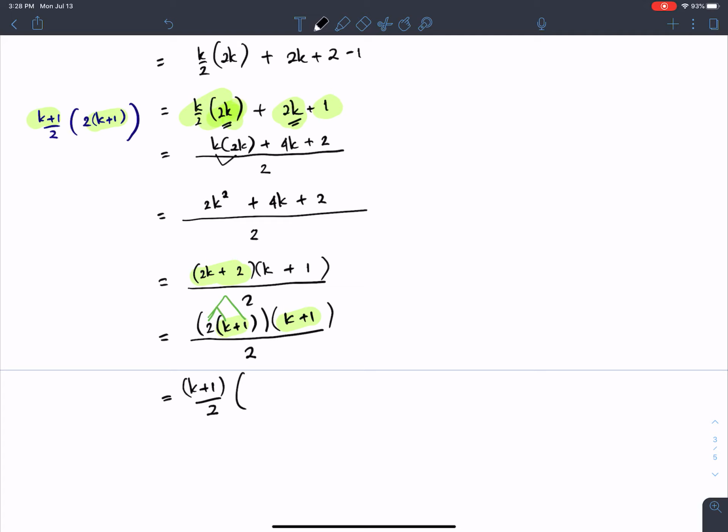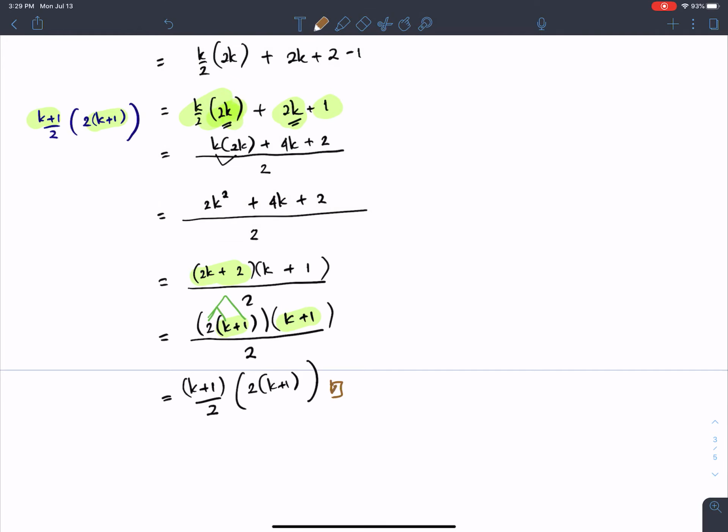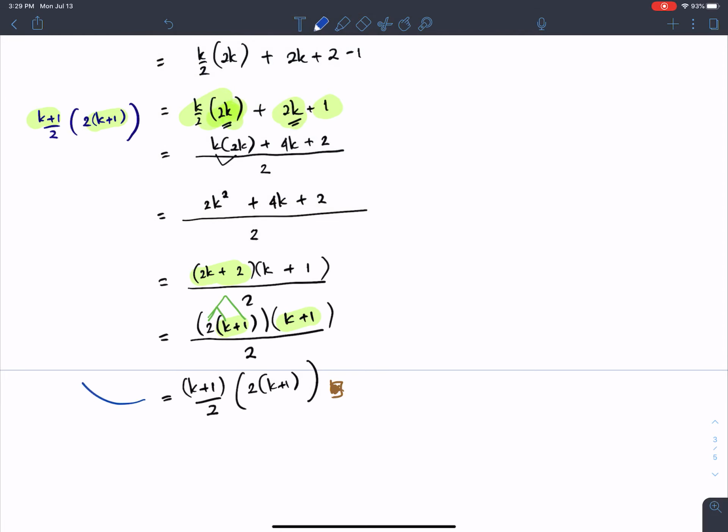So the k plus 1 I put in front, and over here I have k plus 1. Just make it the same as the goal. So again, we already done it here. Complete. And look at the goal. This is the goal over here. It's the same.